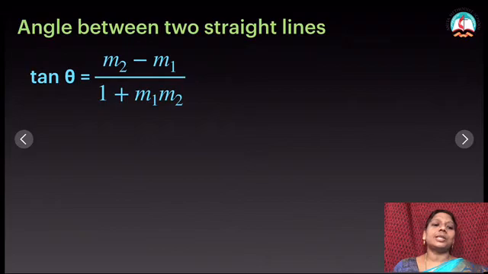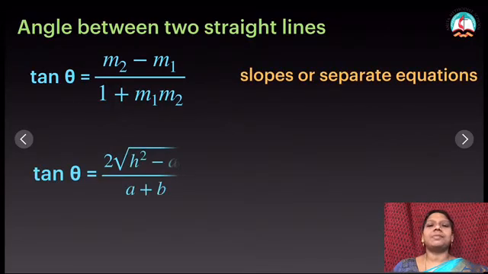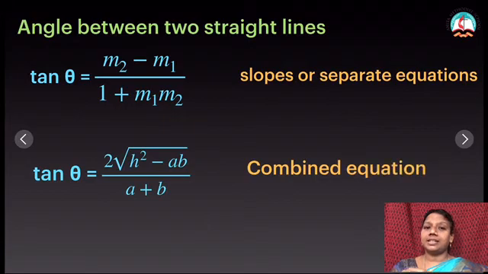So if the slopes of the separate equations are given, then we can find the angle between them. If I have one combined equation, then tan theta is equal to 2 times root of h square minus ab divided by a plus b. If the combined second order equation is given to us, then we have to find the angle using this formula.